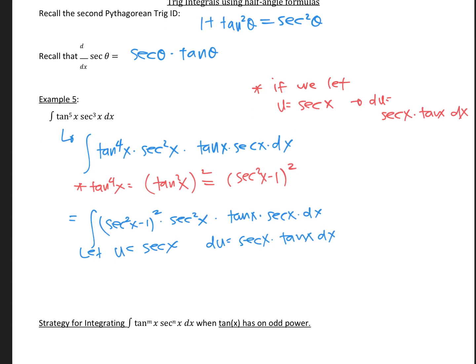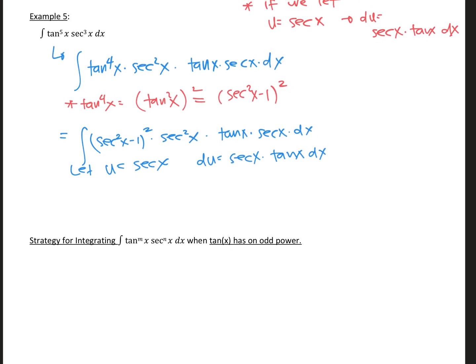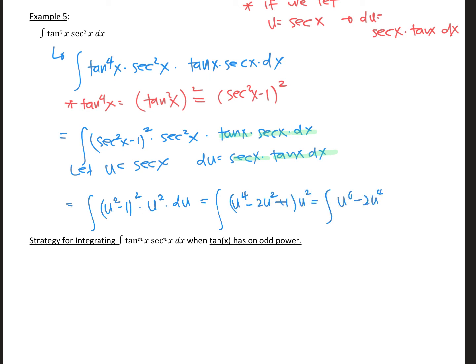All right, let me move it up a little bit here. So I have this and this and this, so I can rewrite everything as (u squared minus 1) squared times u squared du. That's u to the fourth minus 2u squared plus 1, times u squared. So that's u to the sixth minus 2u to the fourth plus u squared.